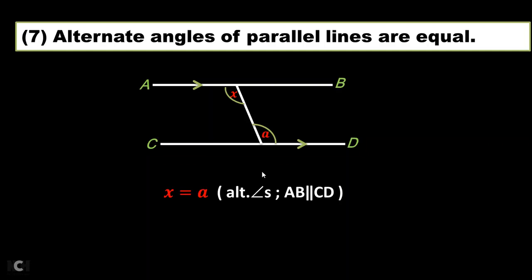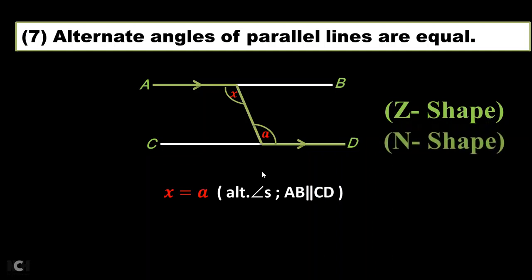So alternate angles can be noted by the Z shape, or also by the N shape. It does not matter how your shape has been placed, whether upside down or back and forth, but if you can see the N shape or the Z shape, then it means you have alternate angles, but only and only if you have parallel lines.